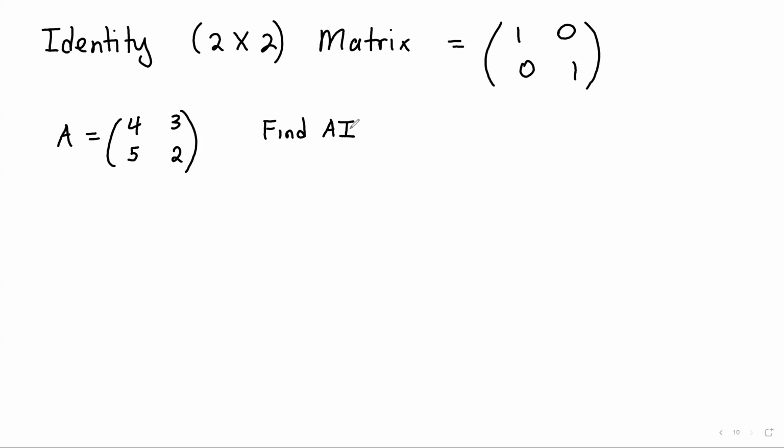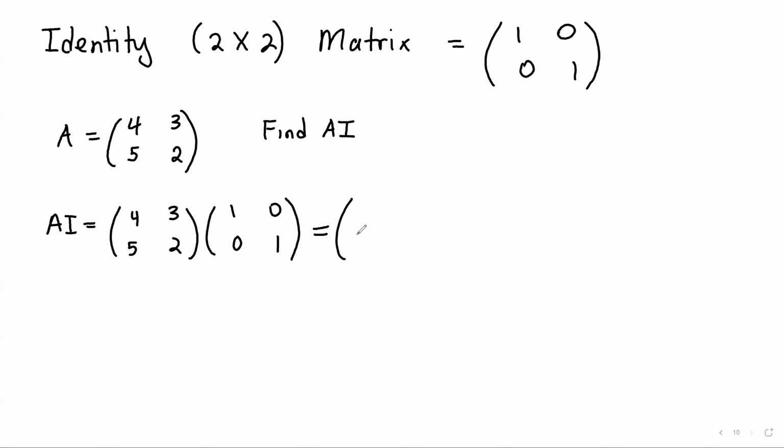Well, AI would be 4, 3, 5, 2 times 1, 0, 0, 1. All right, and look what this will give us. Well, row 1, column 1 would be 4 times 1 plus 3 times 0.